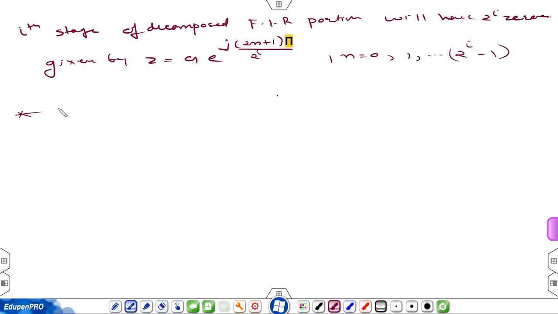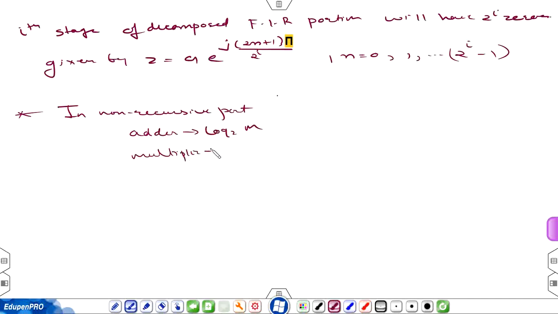Okay, so now talking about adders and multipliers in the non-recursive part, total adders will be log of 2 m and multipliers will also be equal to log of 2 m.